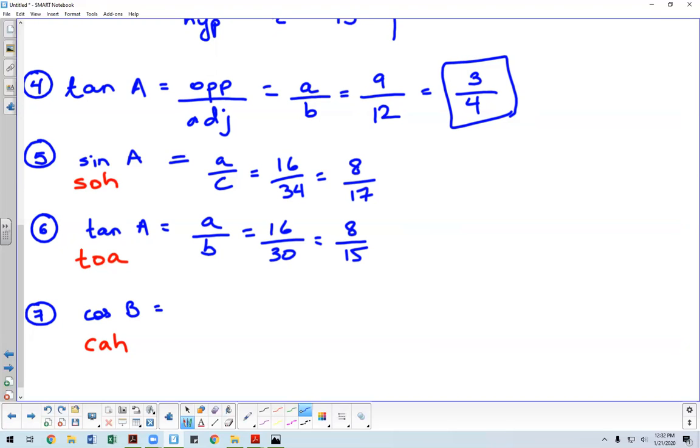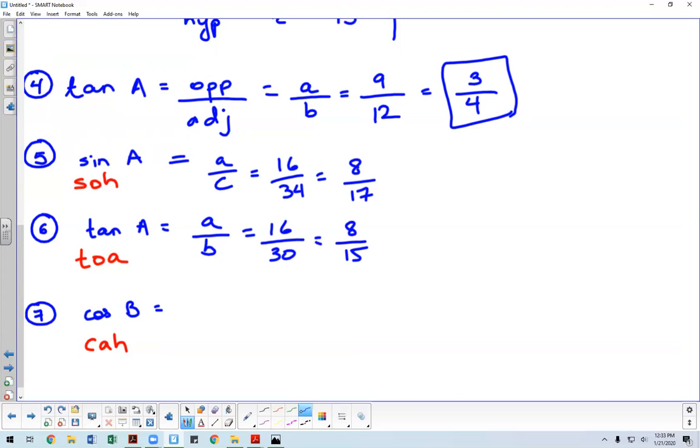Ezra, can you tell me 7? 7, I got 8 over 17, so it's going to be adjacent over hypotenuse, so it's 16 over 34, and we just reduce. Okay, what angle are they using here though? Angle B. Okay, so angle B, you're looking at adjacent, which would be still your side A, right?